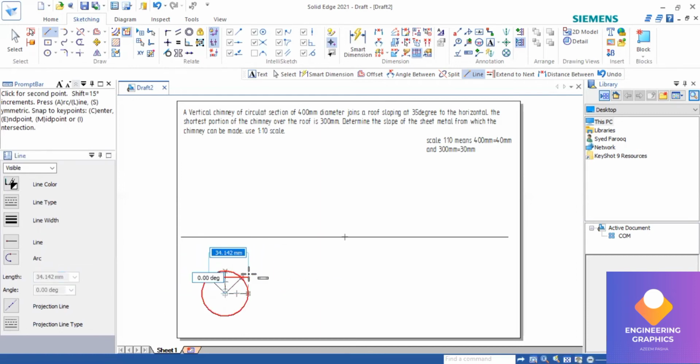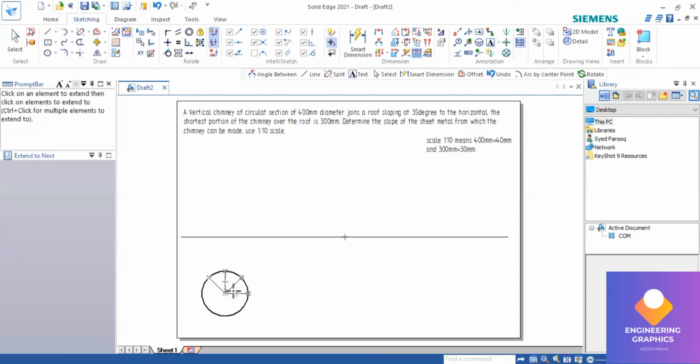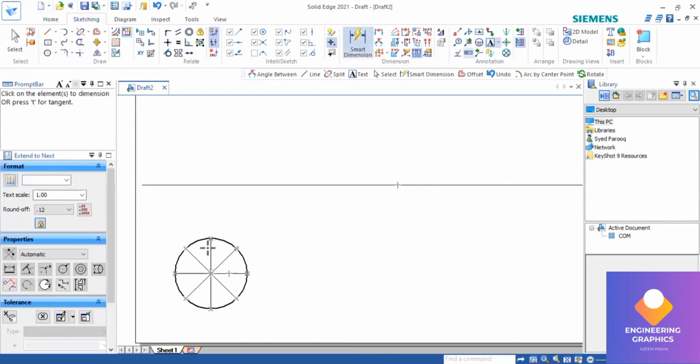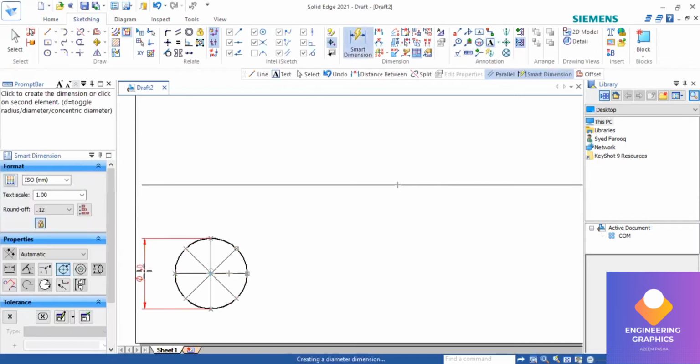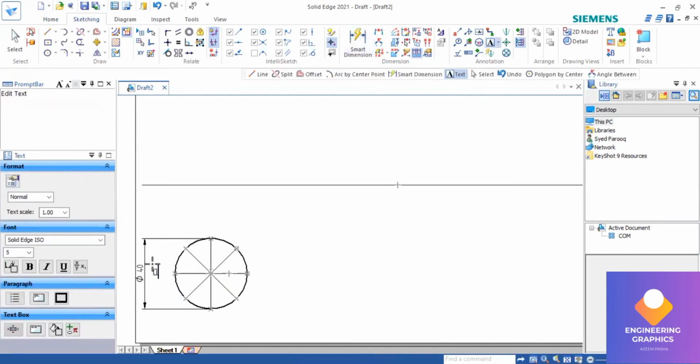135 and 180. Using extend, you can extend these lines. Okay, now you can write down the notation for the top face and the bottom face.